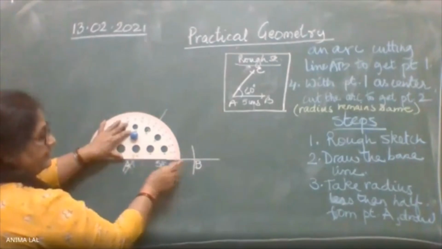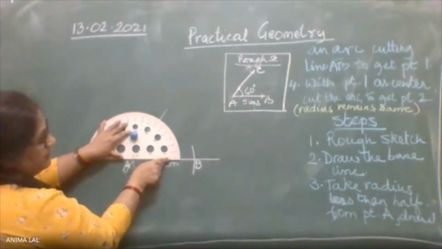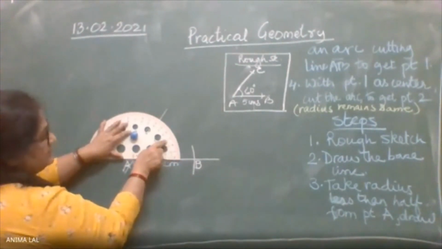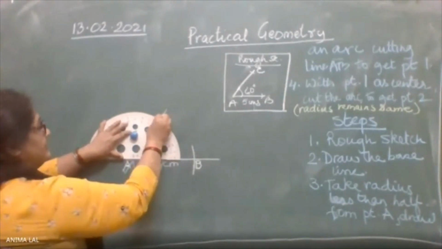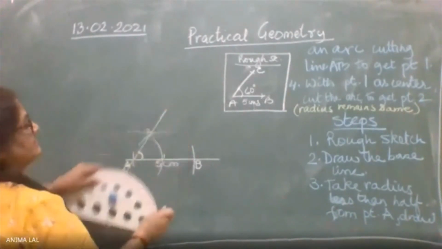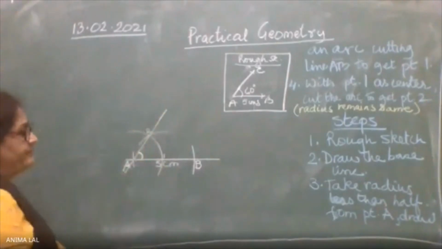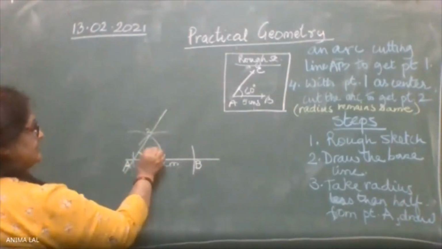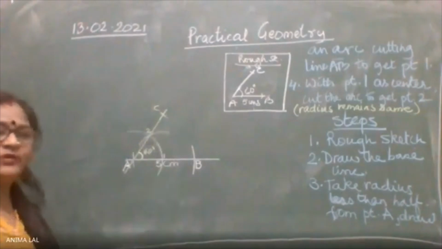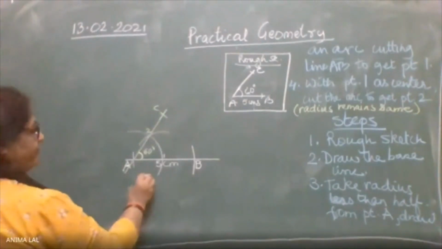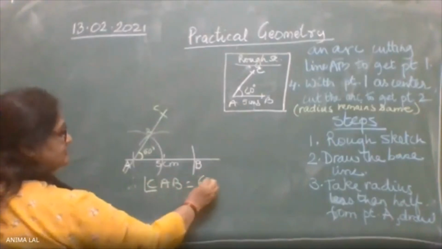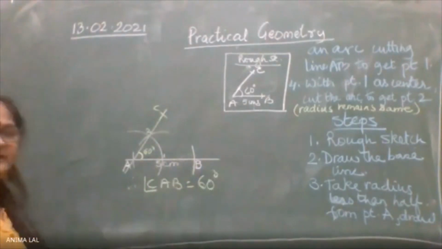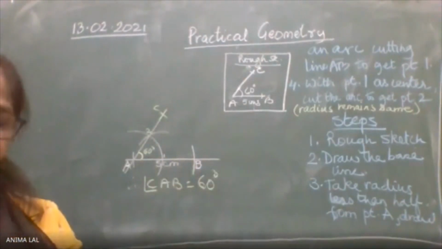Then start counting from here. 10, 20, 30, 40, 50, 60. My angle is exactly 60 degrees. This is your 60-degree angle. Mark this point as C. Therefore, angle CAB is equal to 60 degrees. That will be your final construction.